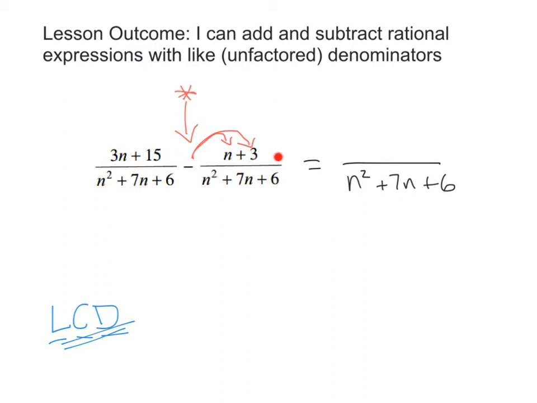And now we are going to simply subtract across the top, or the numerators. 3n plus 15 minus n minus 3 is what we want to write. And I would write that all out so as not to make mistakes with combining terms with that subtraction sign. So 3n plus 15 minus n minus 3.